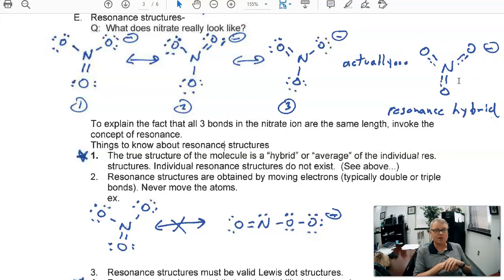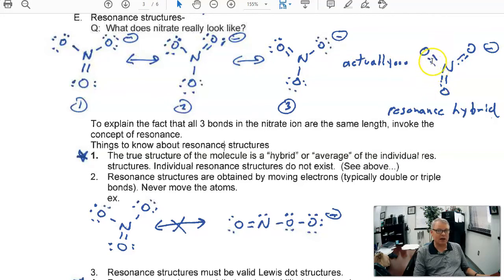Well, they would be closer to a nitrogen-oxygen single bond. Why? Because in my individual resonance structures, 2/3 of the time they're single bonds, and only 1/3 of the time they're double bonds. If half the time they were single and half the time they were double, then yeah, they'd be exactly right in between. All right?